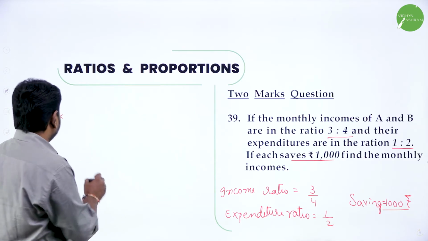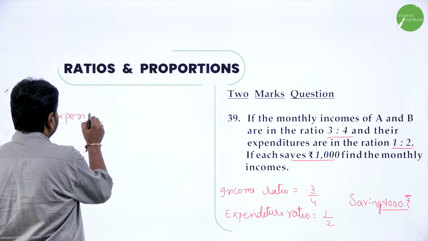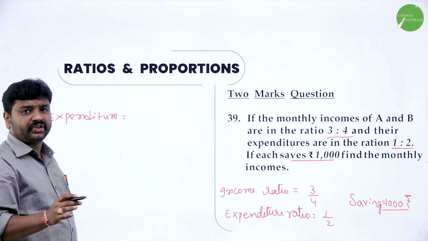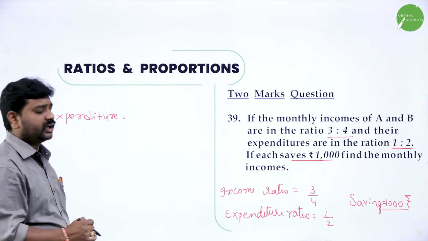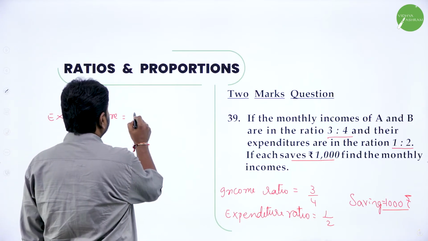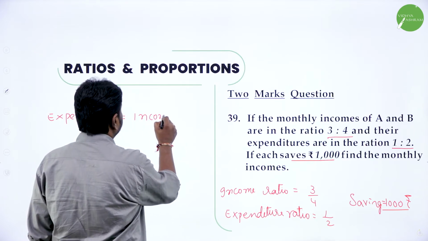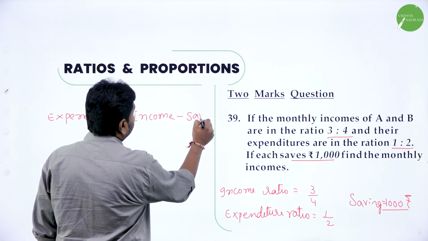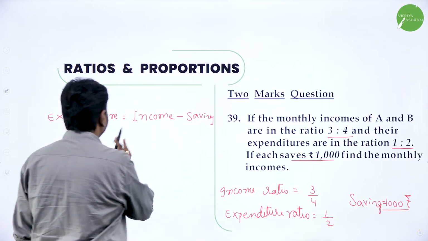So if I want expenditure, out of income, whatever you saved, the remaining you have expended. So I can say income minus savings. In income you remove savings, you will get expenditure.